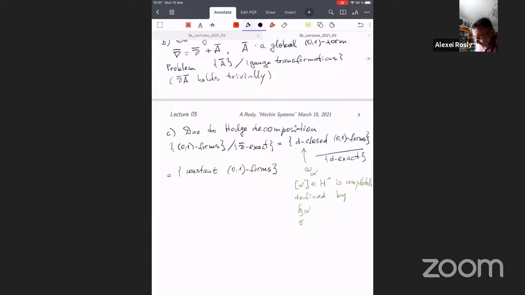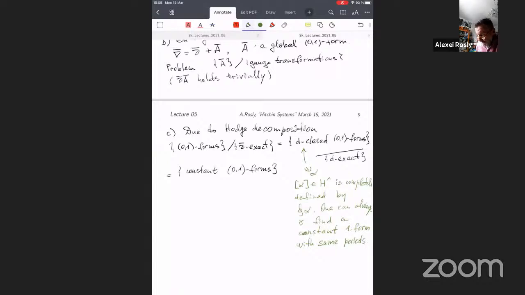Now, for any such data, one can always find a harmonic, a constant one form with the same integrals, with the same periods.